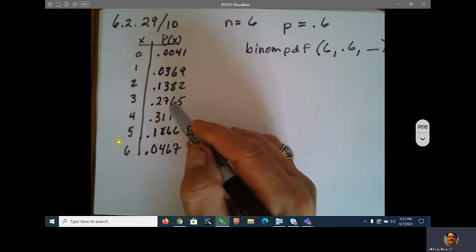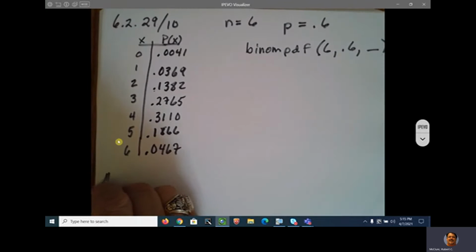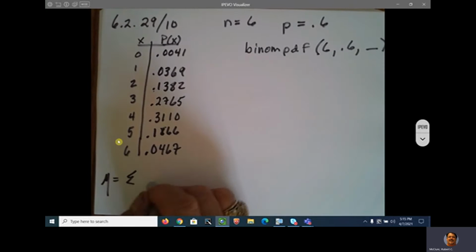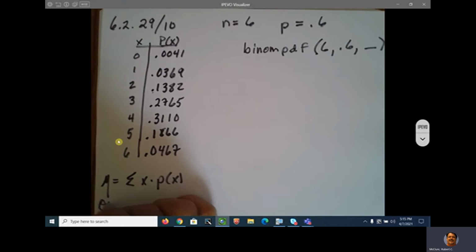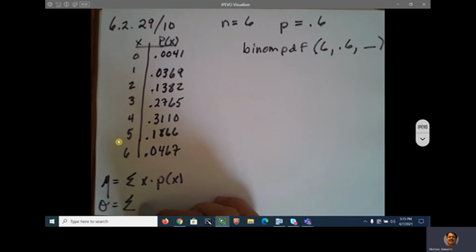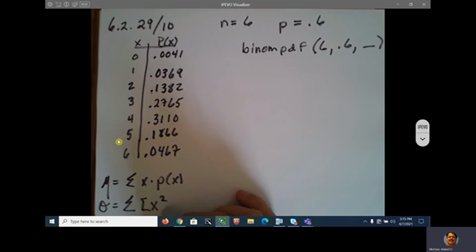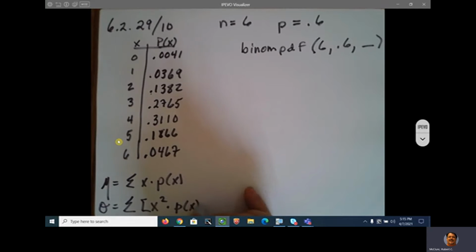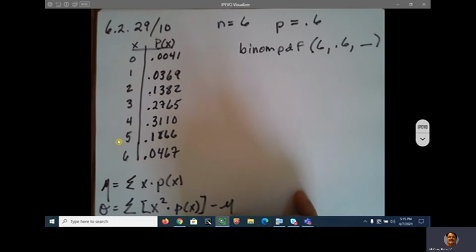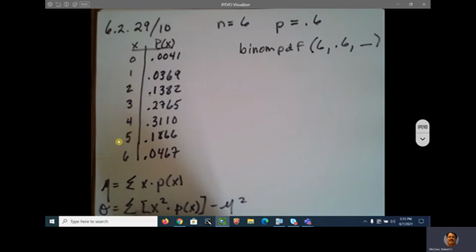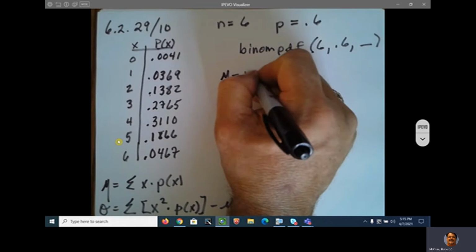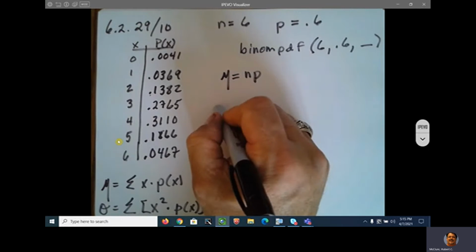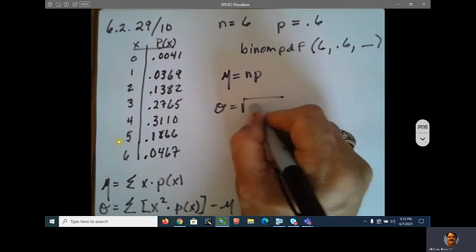This is just like you had in 6.1. They may ask you to find the mean, which equals the summation of x times P of x. They may ask you to find the standard deviation, which is the square root of the summation of x squared times P of x minus mu squared. And of course, you can do this in your calculator. Or they may ask you to do it by hand: the mean is n p, and the standard deviation is equal to the square root of n p q.